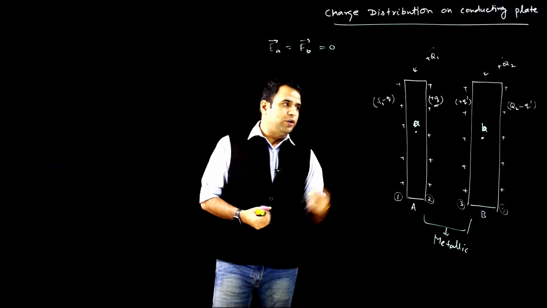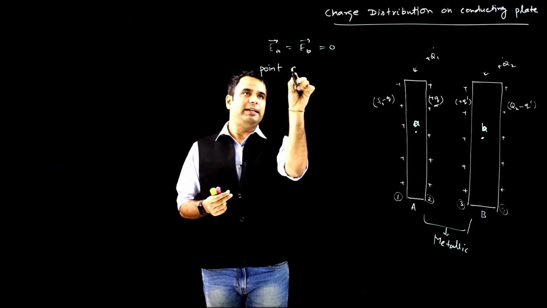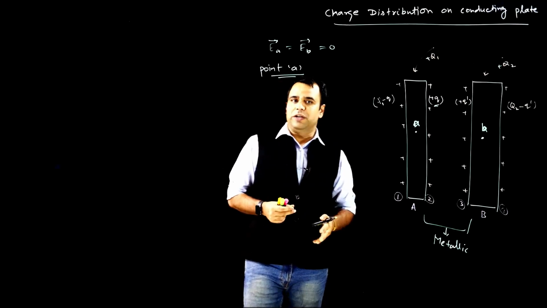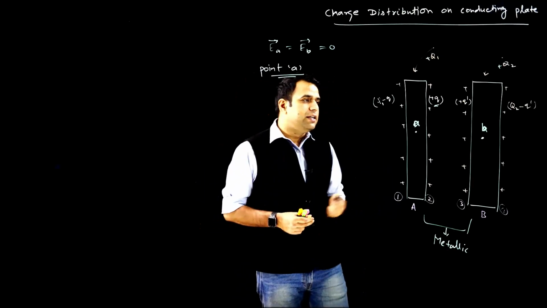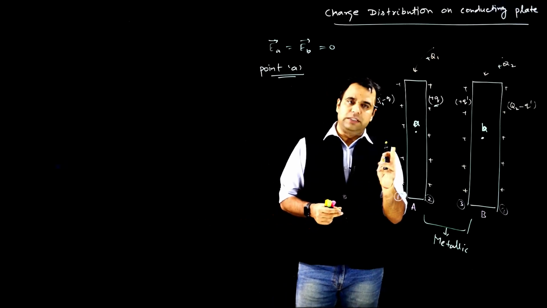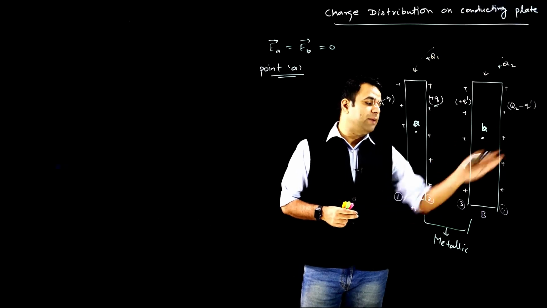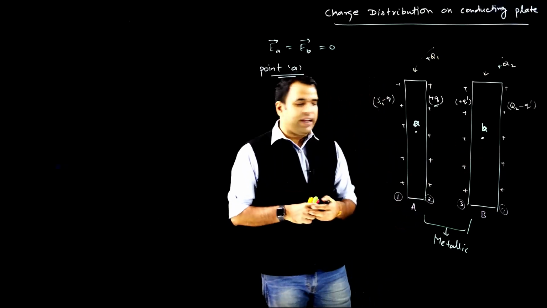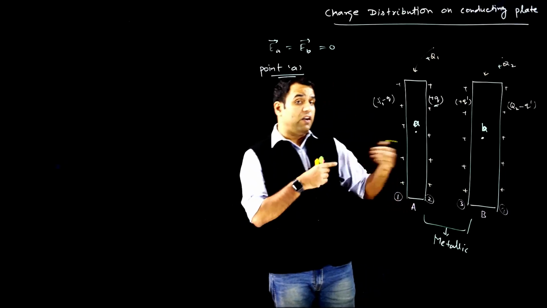So let's talk about point a. The electric field at point a should be 0. Now this point will experience 4 electric fields: one coming from surface 1, one from the second surface, another from the third surface, and another from the fourth surface. Since all the charges I have taken are positive, the electric field will always be away from the positive charge.